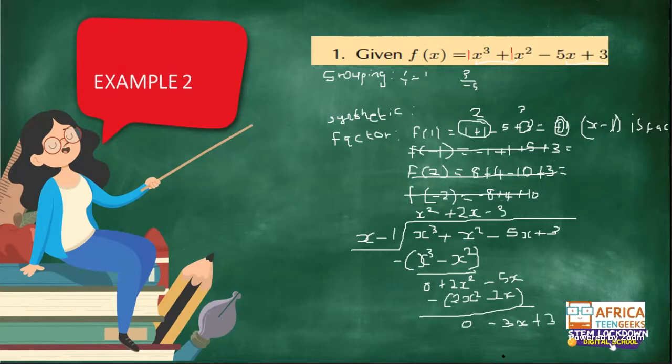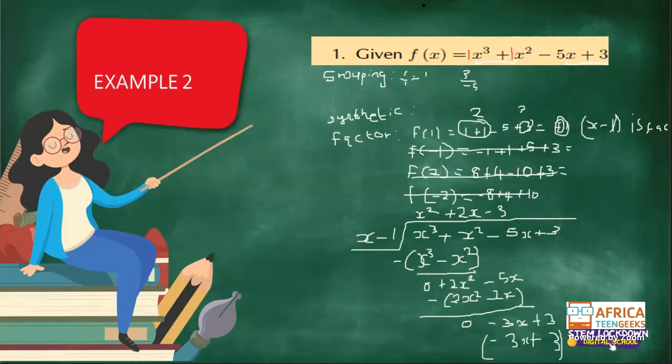Then minus 3 times that, minus 3. Negative times negative, positive. This is x, 3. And then you will get 0.